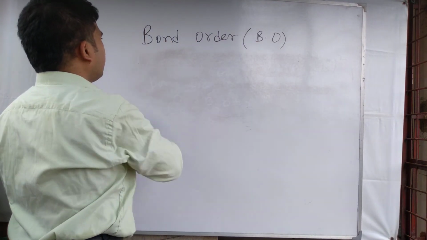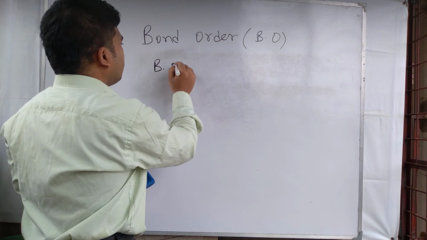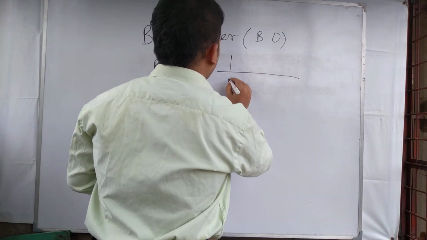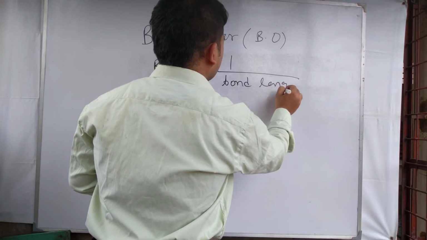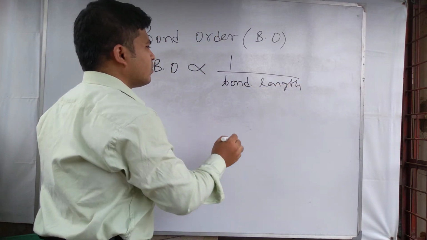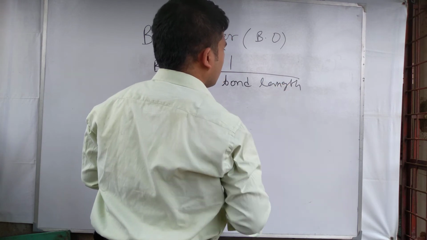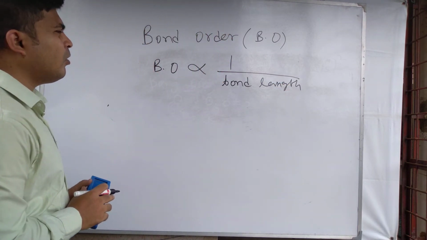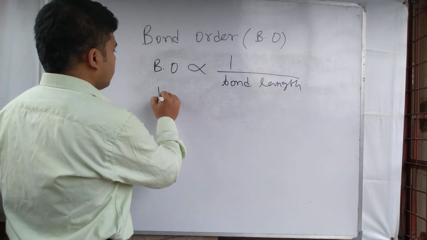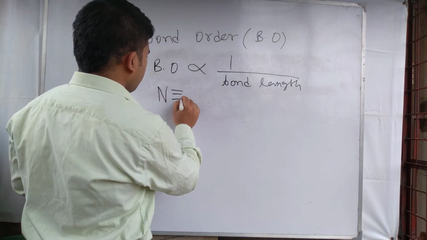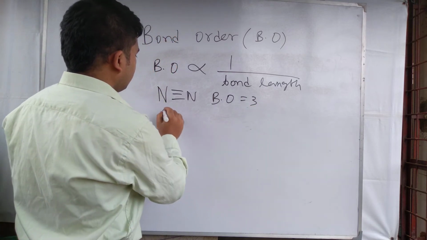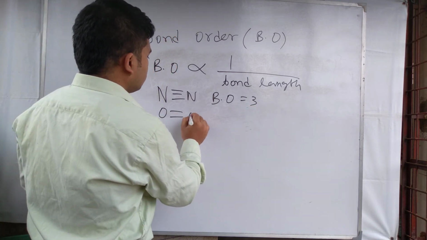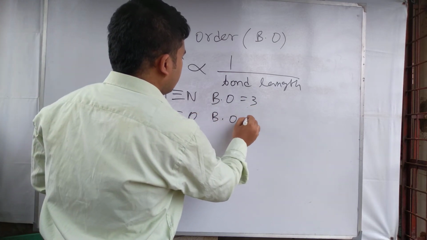Next important point is BO and bond length. Bond length and bond order are inversely proportional. Here BO is 3 for N2 and for O2 BO is 2.